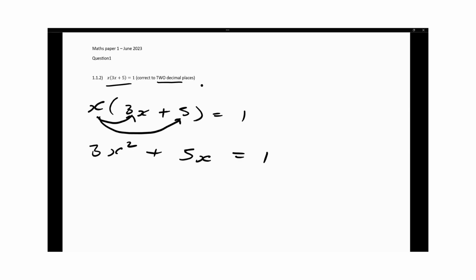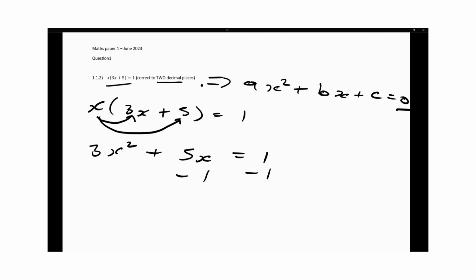But this is still not in the standard quadratic form. The standard quadratic form is, let me just write it here, ax squared plus bx plus c is equal to 0. So now to get this 0, we have to subtract 1 on this side, and on this side also subtract 1.